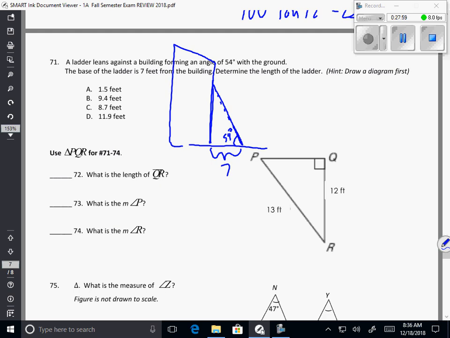We need the length of the ladder, which is the hypotenuse. The 7 feet is adjacent. So cosine of 54 degrees is adjacent over hypotenuse, so with the hypotenuse as x, x will be 7 divided by cosine of 54.